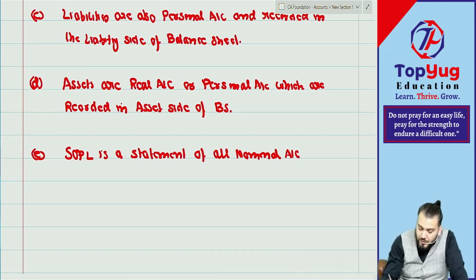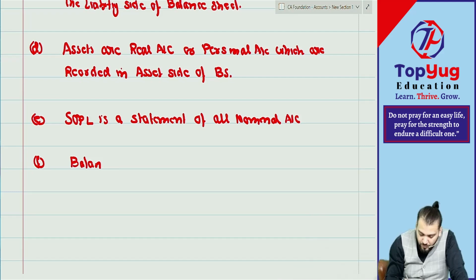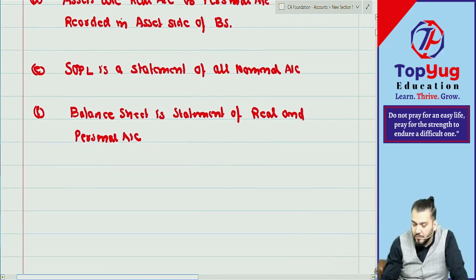So SOPL is a statement of all nominal accounts, and we can also conclude that the balance sheet is a statement of what? A statement of real and personal accounts. Correct? Understood?